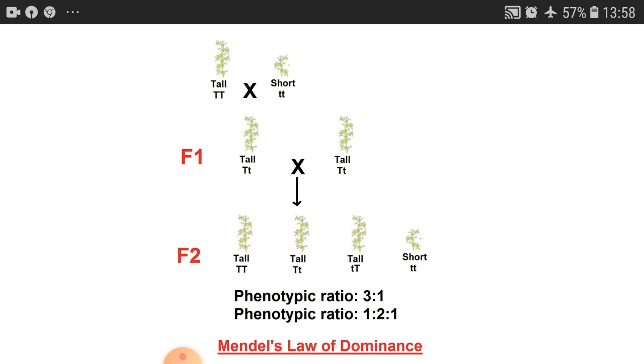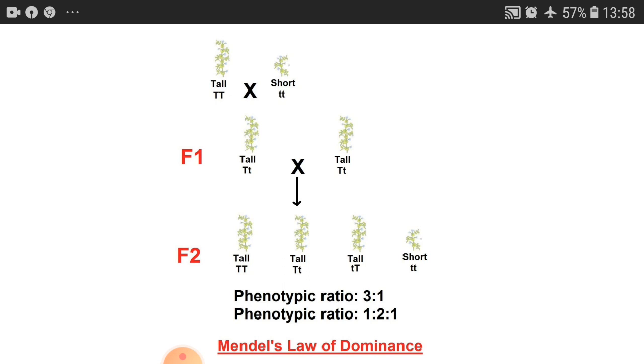All these plants were found to be tall, as you can see where it is written F1. There was no short plant. So they constituted the F1 generation, that is the first filial generation.